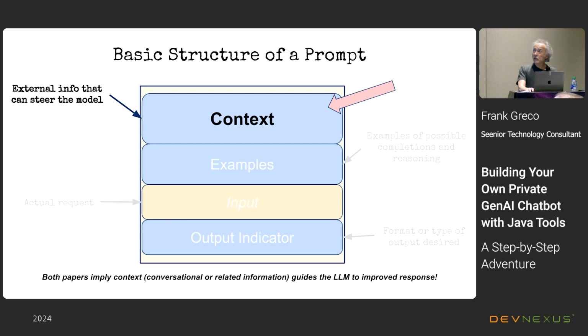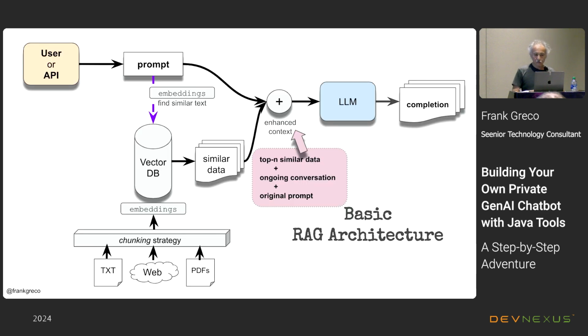What they do is take parts of your docs and put them into the context of the prompt before they send it to the LLM. So you're steering the LLM to give you better results. Here's the basic diagram. The user types in something upper left, which generates a prompt, right? Then the first question is, what other docs or strings do I have in my own data store that are similar to this question?